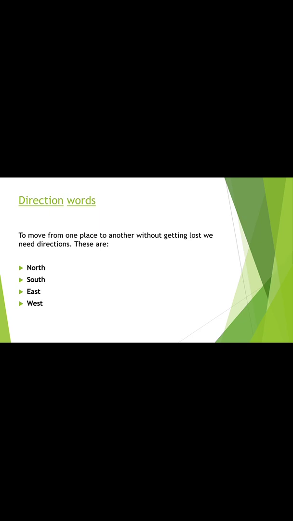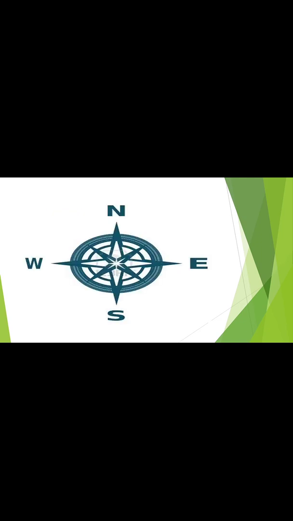North, south, east and west. These are the direction words. If you see this picture, here you are seeing the different directions facing toward each other. The north direction is on the upward side, south is on the downward side, east on the right side and west on the left side.